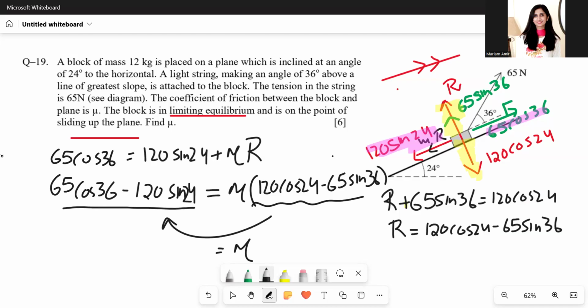Looks good. Okay, mu comes out to be 0.0529.